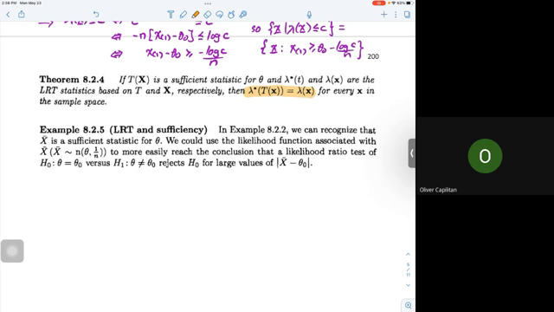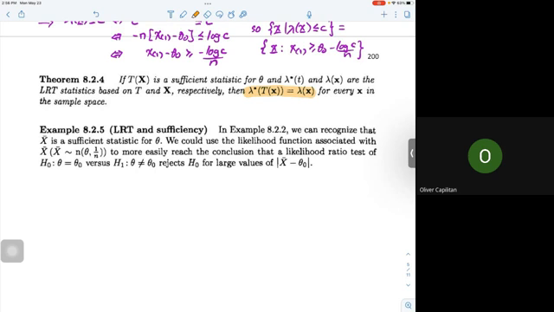Actually, we have also solved this when we were still on chapter 6. Na-determine natin that the sample mean is a sufficient statistic for our parameter theta when we have our random sample coming from a normal distribution. Merong condition dun, in which the variance is constant.